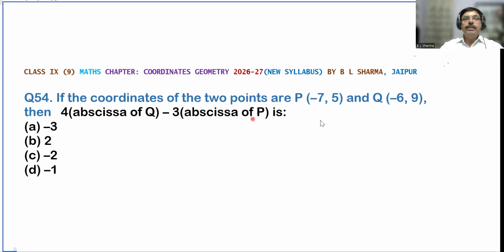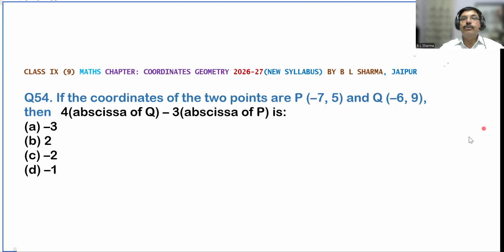If the coordinates of 2 points P, that is -7, 5 and Q, that is -6, 9, then what will 4 times of abscissa of Q minus 3 times of abscissa of P be? We know abscissa of P is -7 and abscissa of Q is -6. The first component of the ordered pair is the x coordinate, that is abscissa.